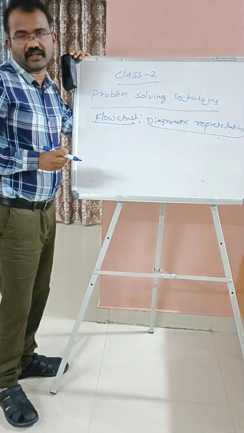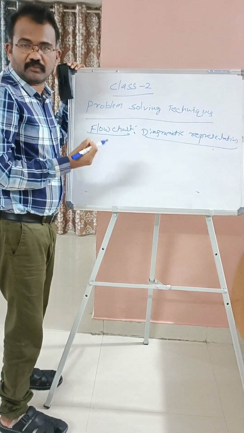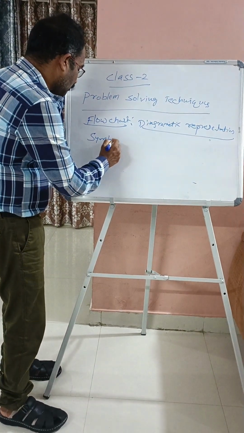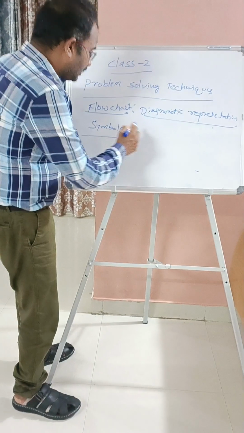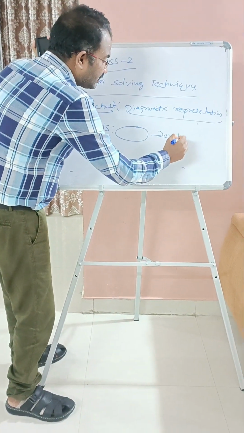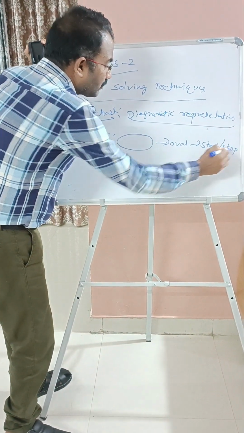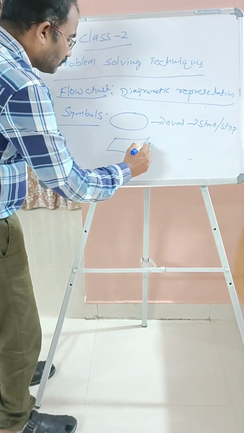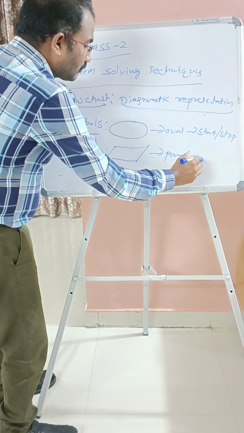Here some symbols are required. Some symbols are very important. We must know the basic symbols to write a flowchart. First one, to start or stop an algorithm, we use an oval. This is for start and stop. Next one is the parallelogram.